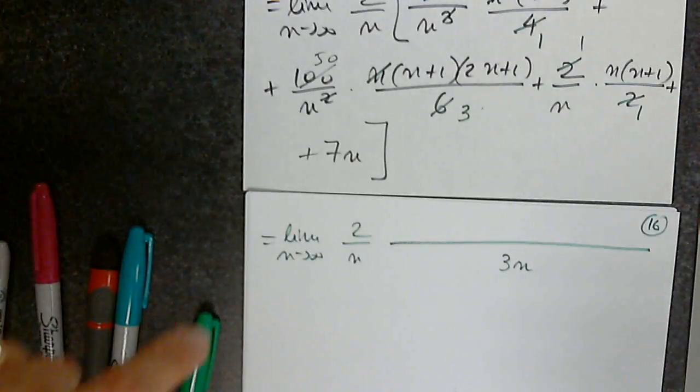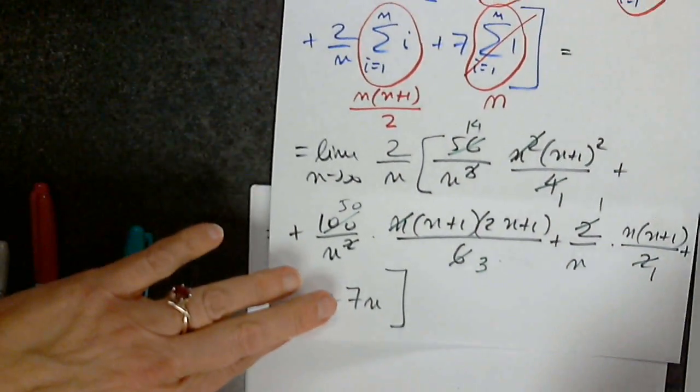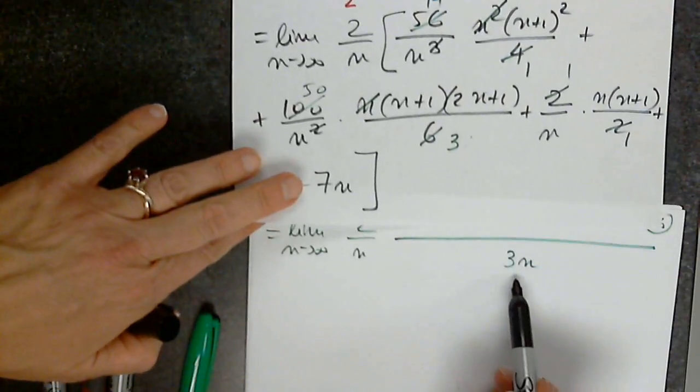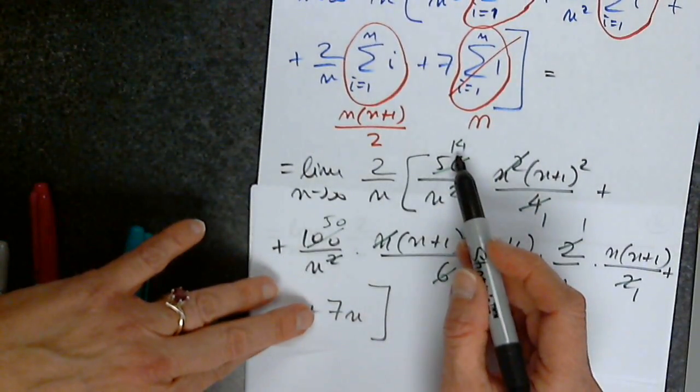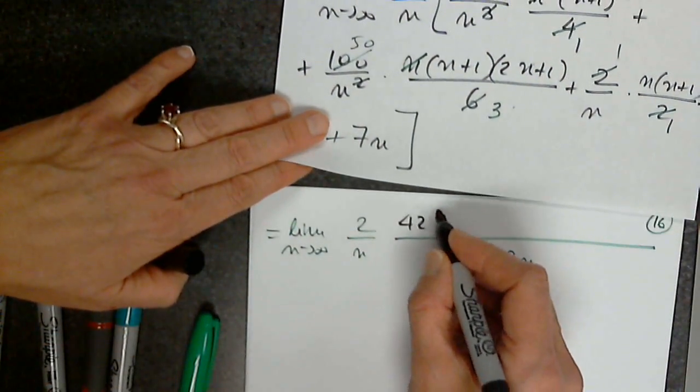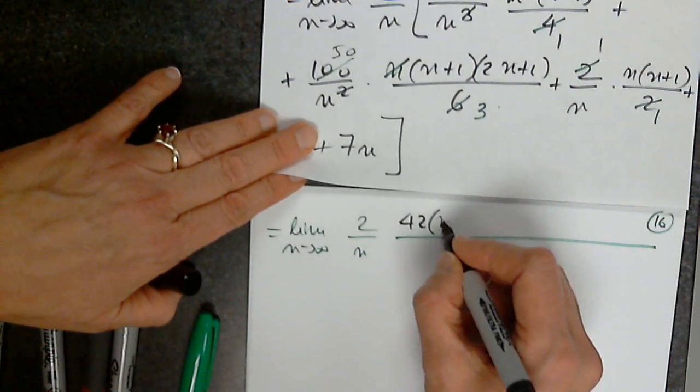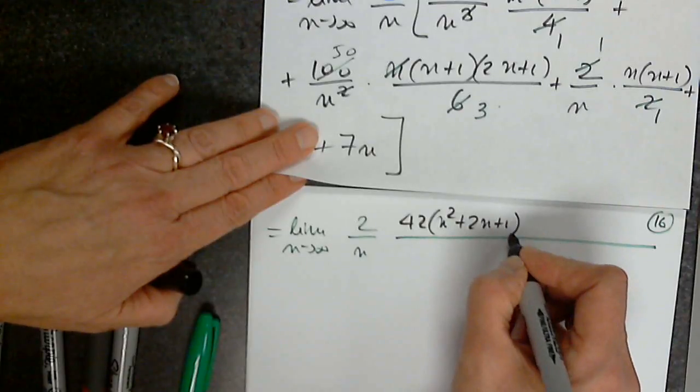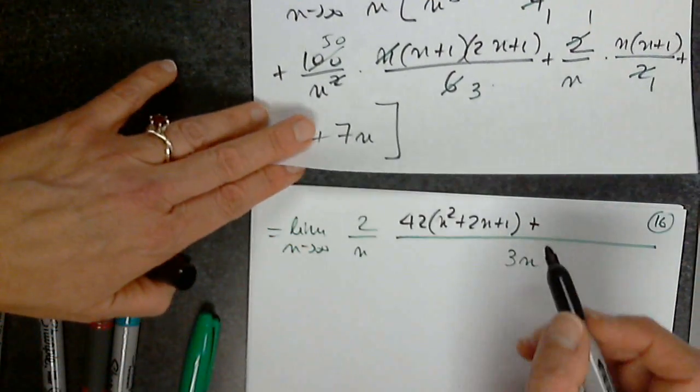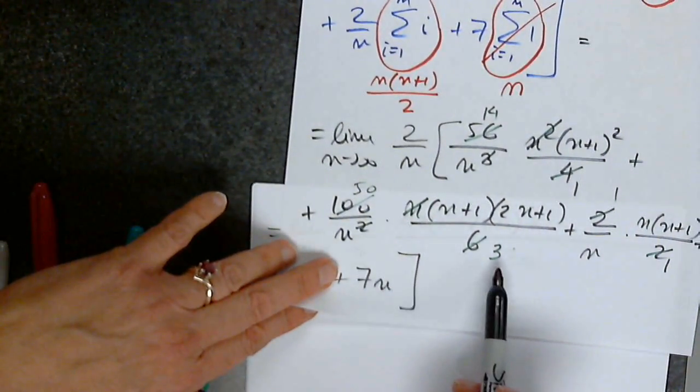Okay, so let's see. Here I have only n, so I have to multiply by 3. When I multiply 14 by 3, I think I get 42. So this is 42. Now I distribute here. n squared plus 2n plus 1. Plus, this is the denominator 3n. That's fine.